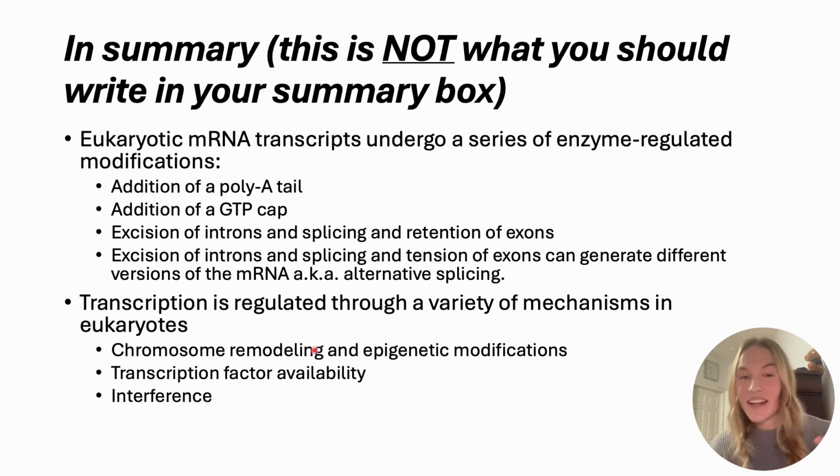You should understand how chromosome remodeling, aka the movement of histones, can regulate gene expression, and epigenetic modifications, how that can modify gene expression. You should also understand transcription factor availability and how that relates to cell and tissues. And you should also understand interference after the fact.